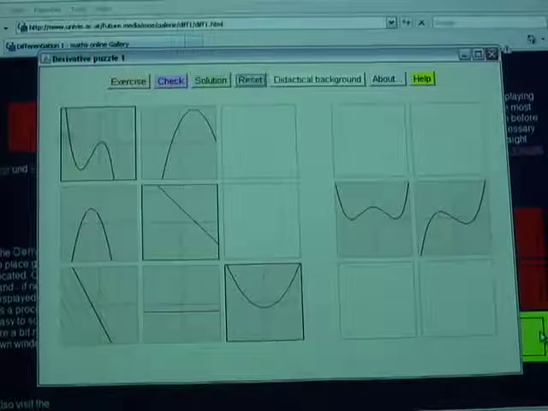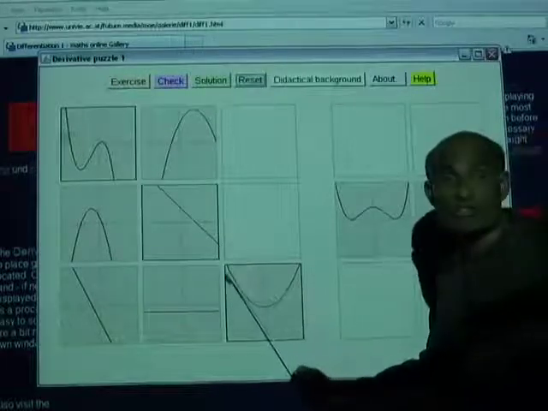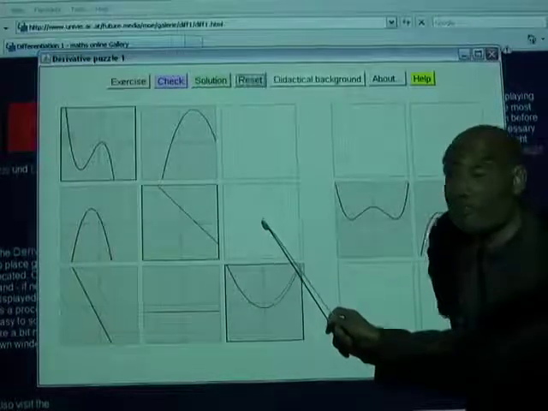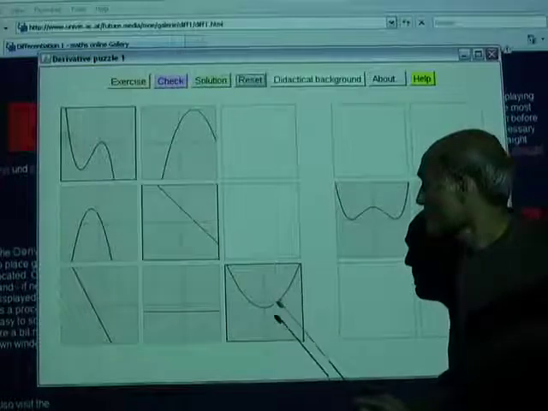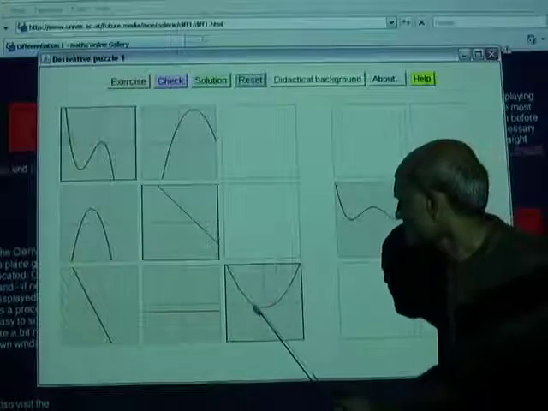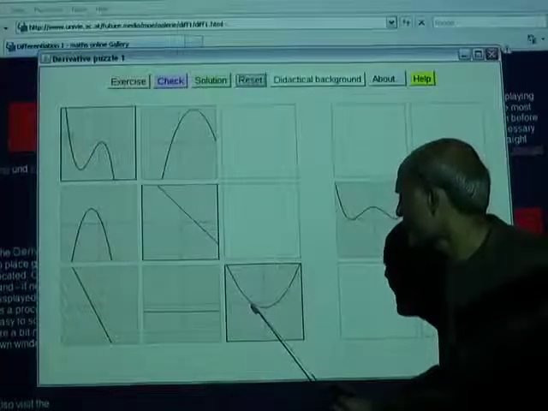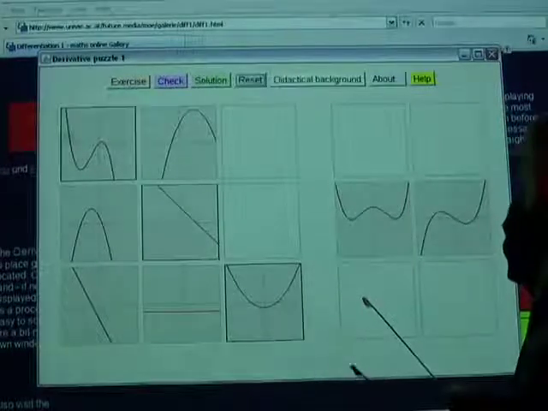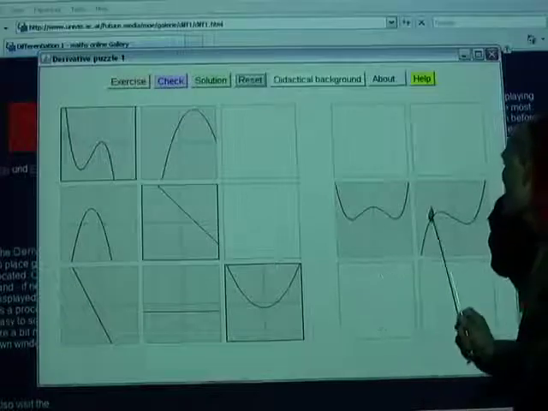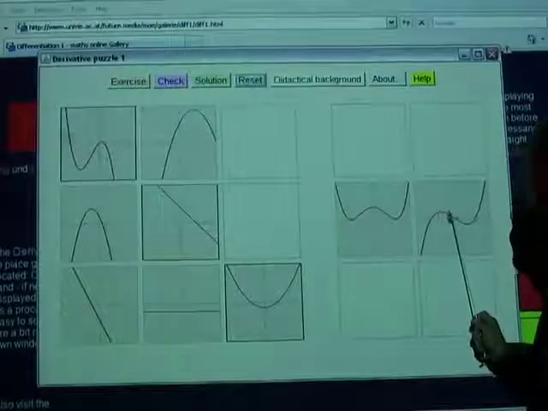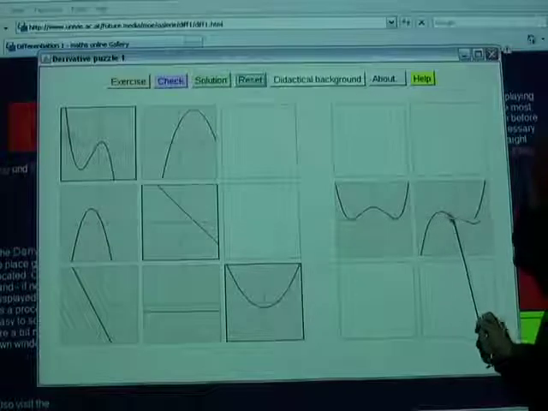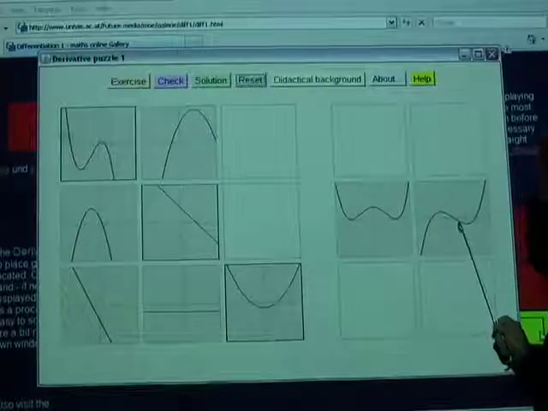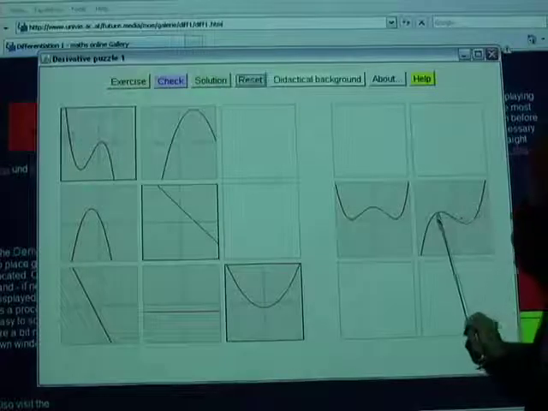And then we look at this. Now, this is a derivative graph. We must place its function graph here. Look at this. This derivative cuts the x-axis at negative 1.5 and 1.5. Is that right? That means it must have a maximum at -1.5. You see, if you look at this, this has got a maximum at x equal to -1.5 and a minimum at x equal to 1.5.